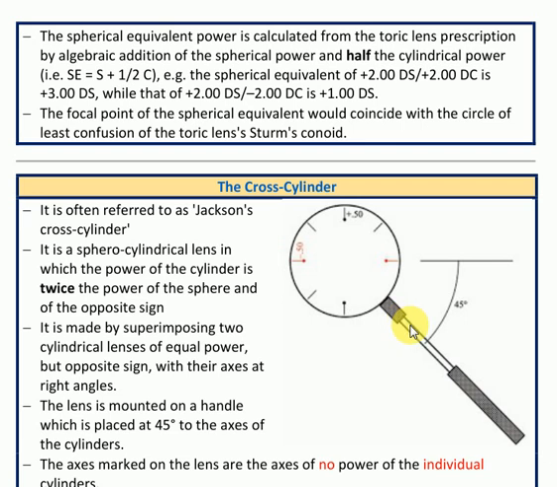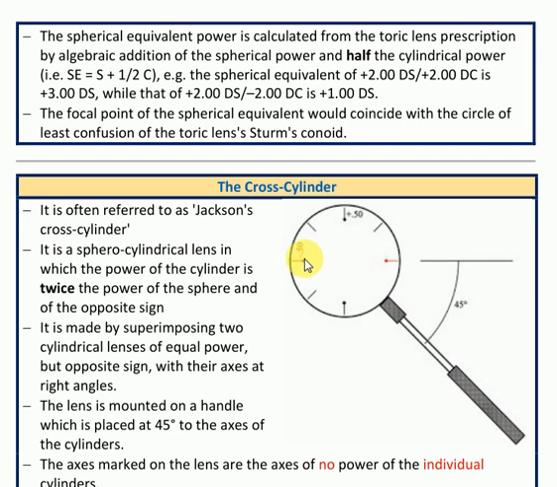This is the handle. It is placed 45 degrees to the axis of the cylinder. The axis is marked on the lens. So these axes which are marked actually have no power of the individual cylinder.